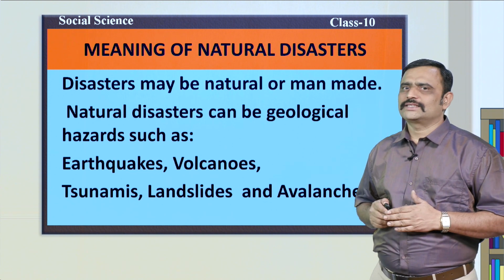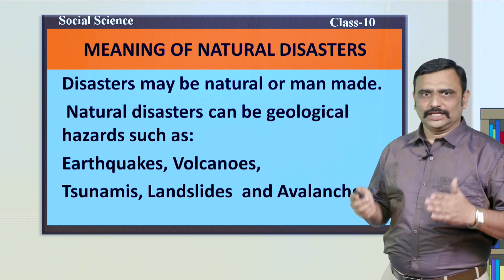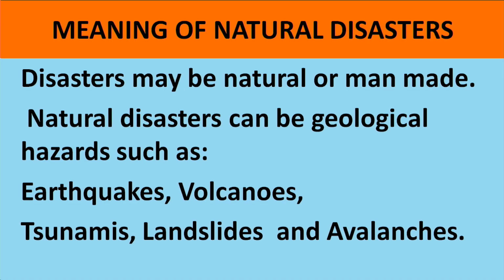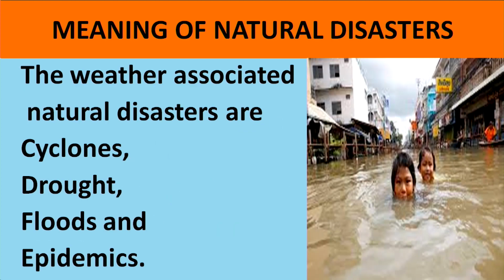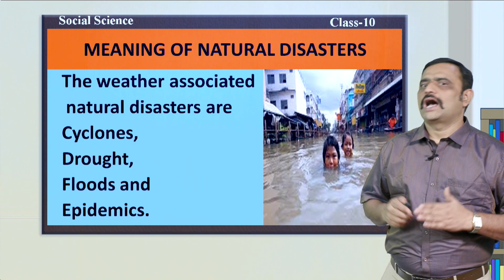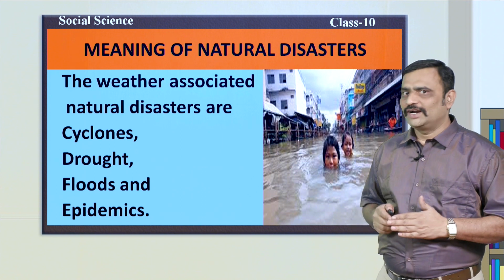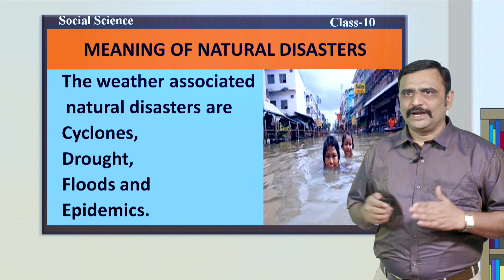Natural disasters can be geological hazards, for example, earthquake, volcano and tsunamis, landslides, even avalanches. The weather associated natural disasters are cyclones, drought, floods and epidemics.